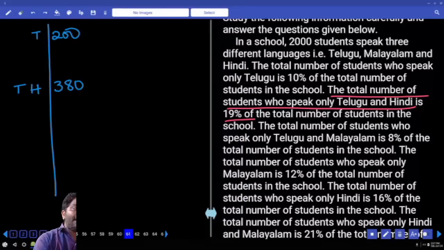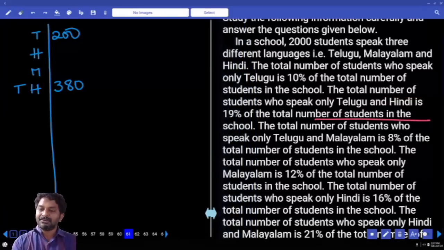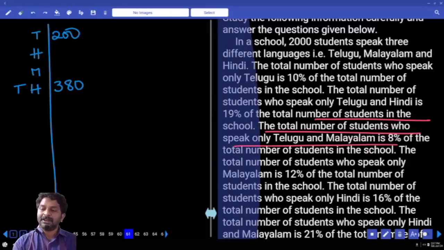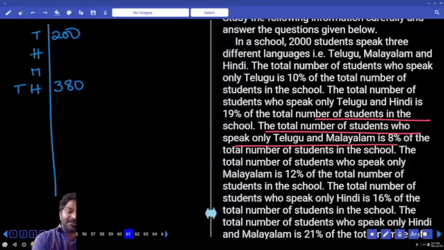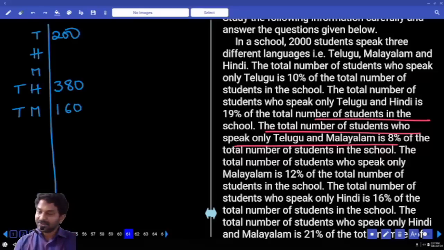Why did I leave the gap? To write Hindi and Malayalam. Total number of students who speak Telugu and Malayalam is 8%. Telugu, Malayalam, 8 times 20, 160.